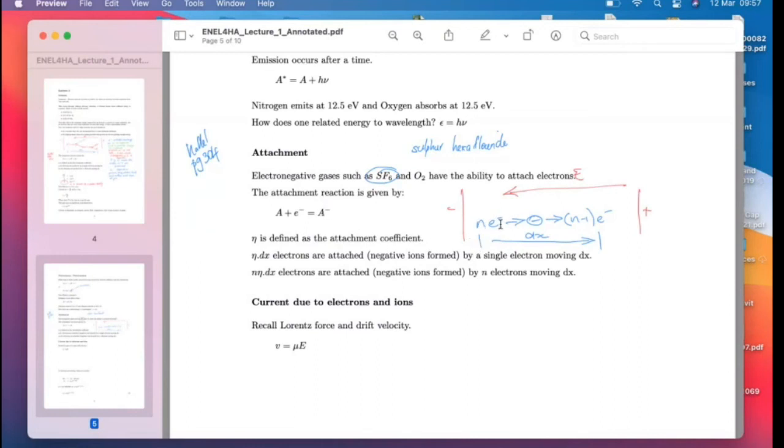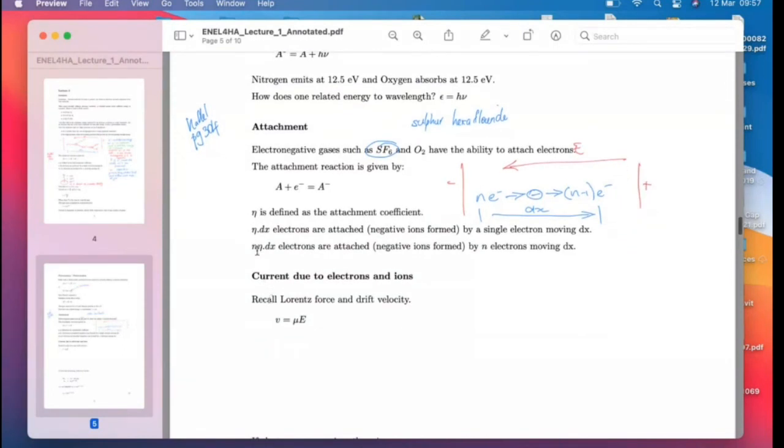So if we have n electrons in a gas with an electric field and it moves through dx, it'll produce n-1 electrons. We define the attachment by the attachment coefficient, and we basically give a definition over here.